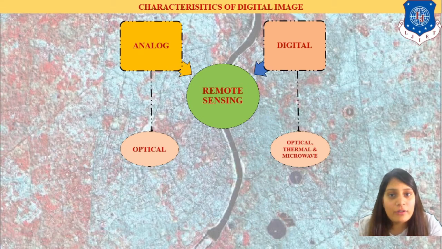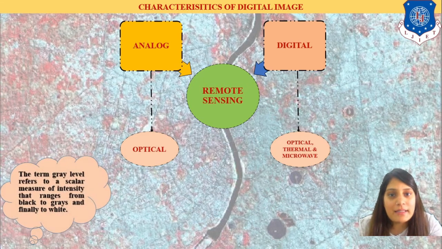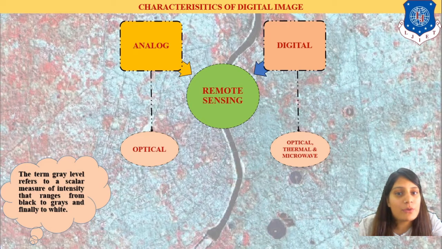Now, I would like to make a few statements here. The term gray level means the scalar measurement from gray to white in the image, right? So we have different scales in our image, starting from the gray scale to the end, which comes to white, that ranges from 0 to 255.